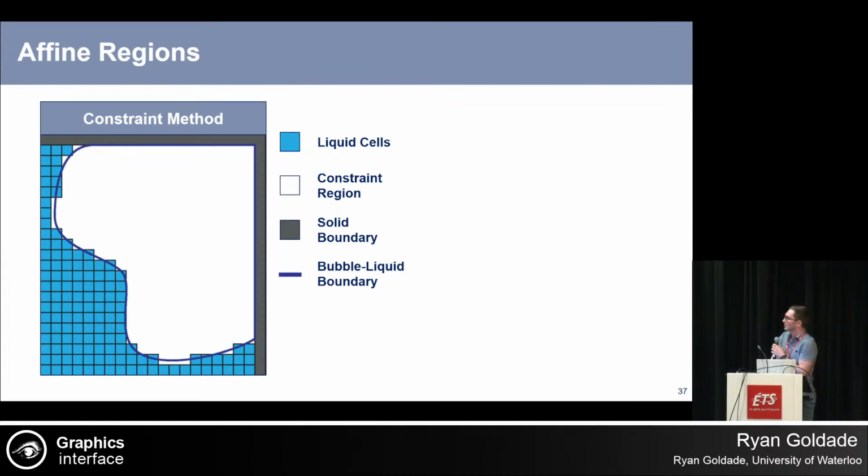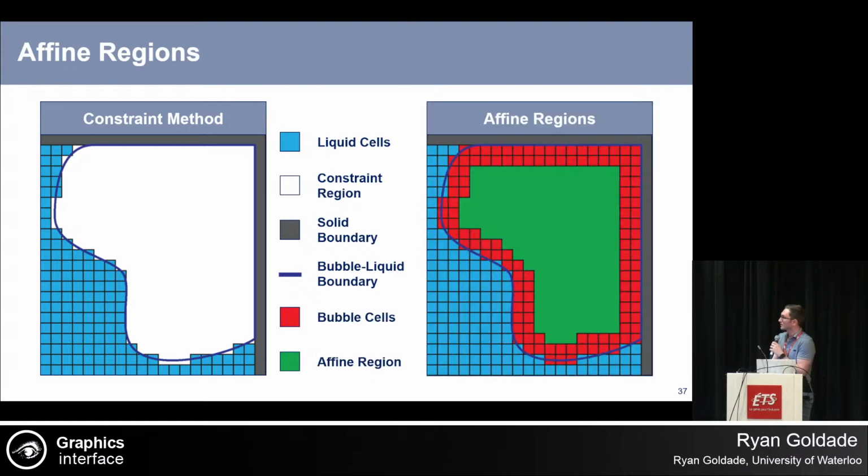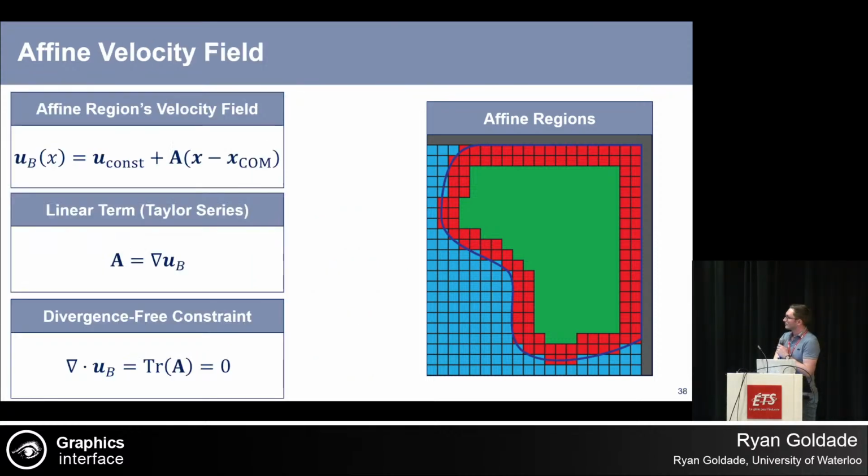So if this is our constraint method where we have liquid cells on the boundary, and then the entire interior is approximated with a constraint, the affine region equivalent would now include simulated cells at the bubble boundary, where we do what's called a two-phase, where we handle the density differences. And then the interior is approximated by an affine vector field.